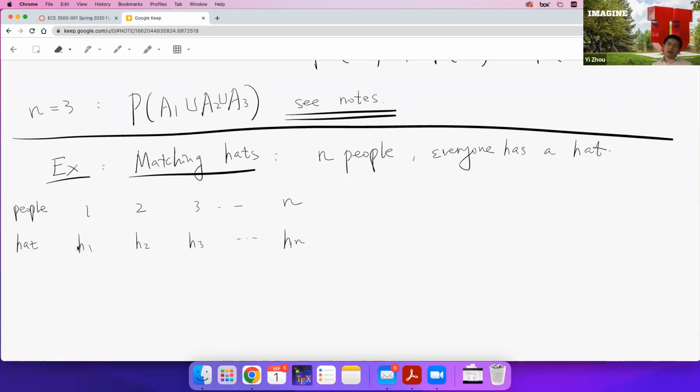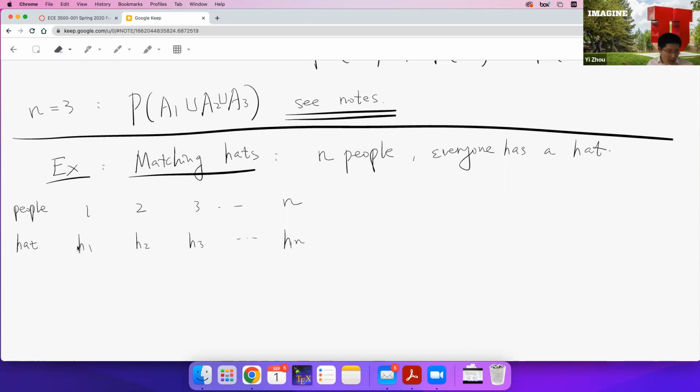Now what we do is that we collect all these hats from all the people, mix them together, randomly shuffle them, and then return these hats to all the people randomly. Everybody grabs one hat randomly.